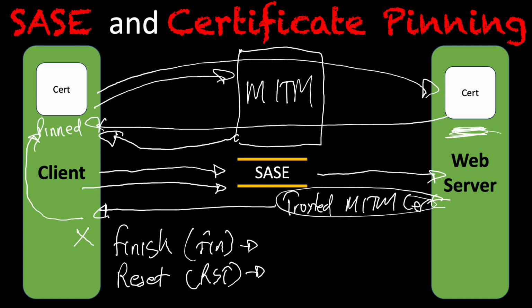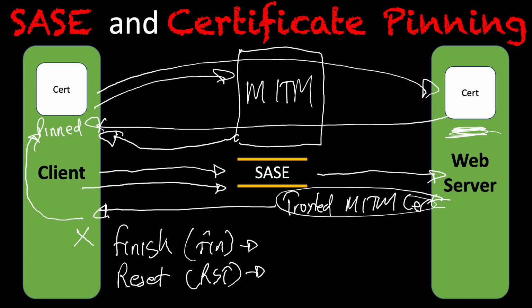Now, the challenge here is that there is nothing in the TLS protocol or in the pinning of certificates for the SASE provider to determine or make an exception for pinned certificates. There's nothing in that framework. So how do we fix the problem?